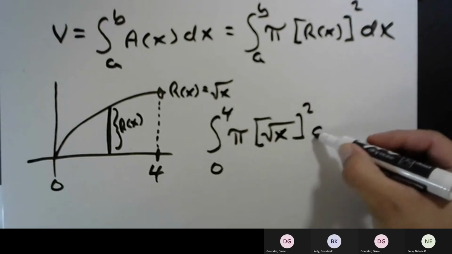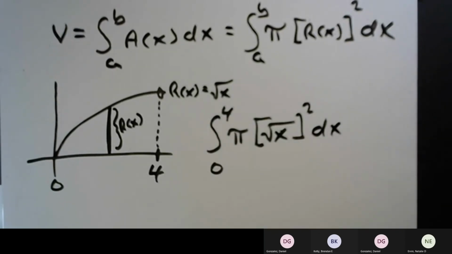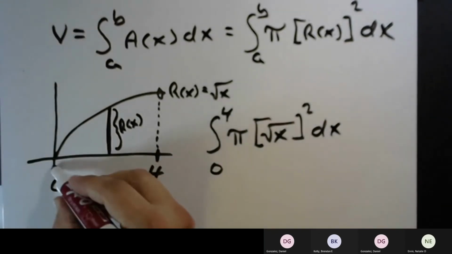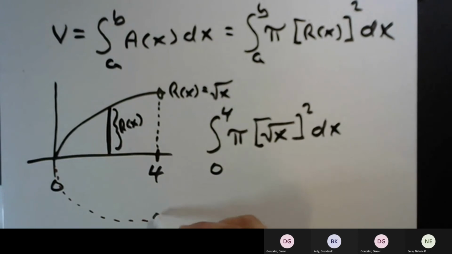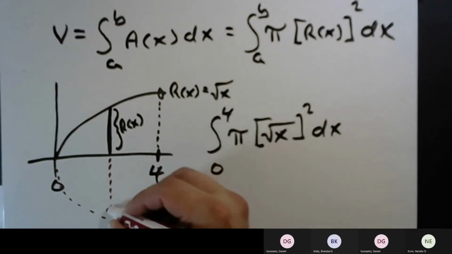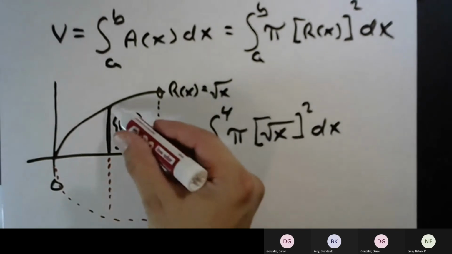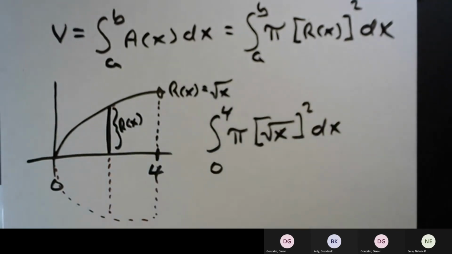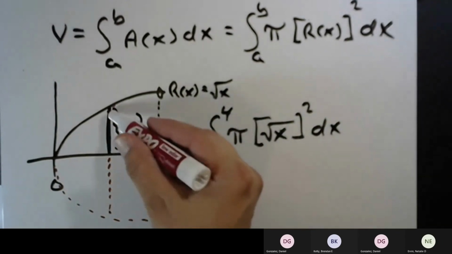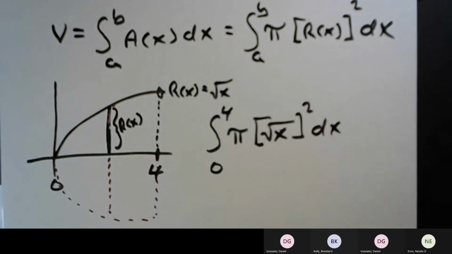And just to emphasize this as a radius, when you rotate this thing around, you're going to get something like this. So this is the other side of the radius. Here to here is a diameter, so only half of this is going to be the radius.